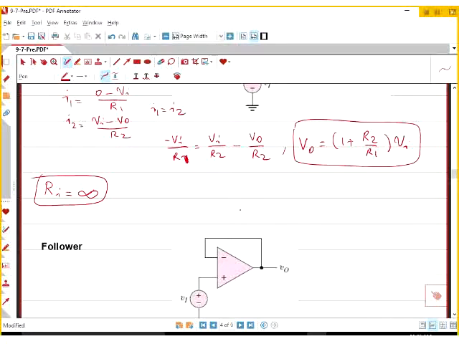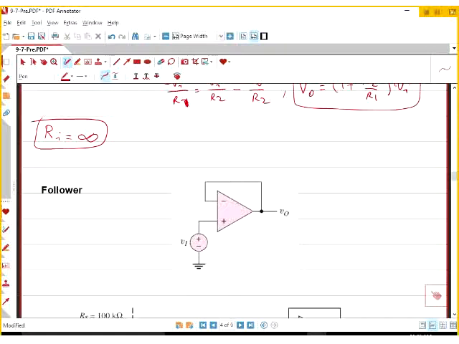But what is the application of this guy? It is called the voltage follower, when you do not have R1 here, and your R2 is just a piece of wire. Can someone tell me what's the gain equation for voltage follower? VO equals VI.